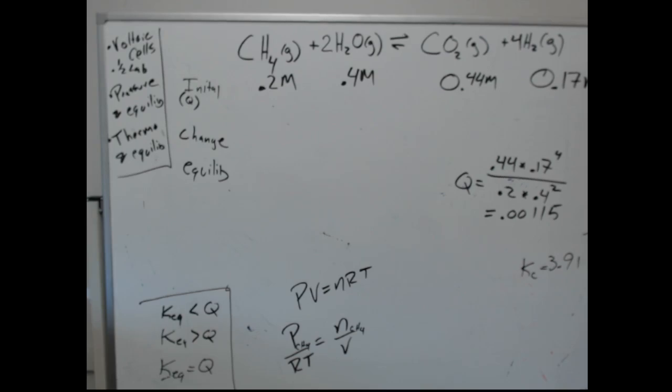Okay. Now the place that becomes interesting is, what if we increase the pressure of the entire thing? So I'm increasing the pressure of the CH4, the H2O, the CO2, and the H2 all at the same time. I'm just increasing the pressure of everything.